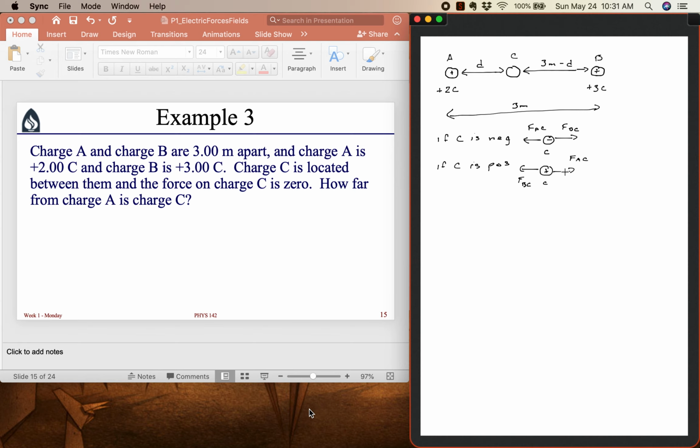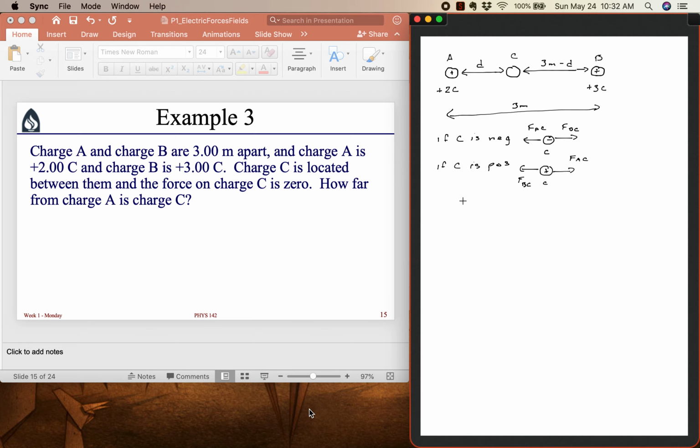So they would be opposite, and we would just need to ensure that the magnitudes are equal for the net force on C to be 0. So it looks like it doesn't matter if C is negative or C is positive. The strategy should be that as long as the amount of force from both charges acting on C are equal in magnitude, then the forces on C will cancel.